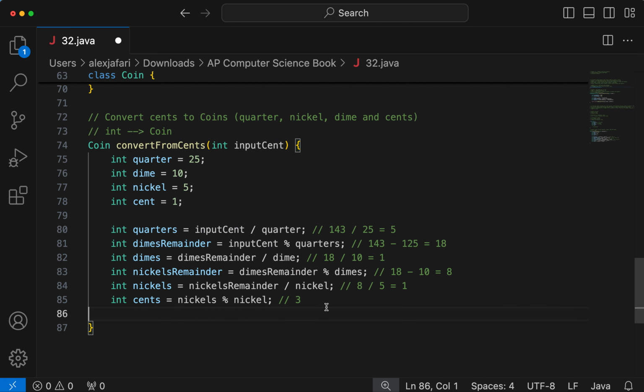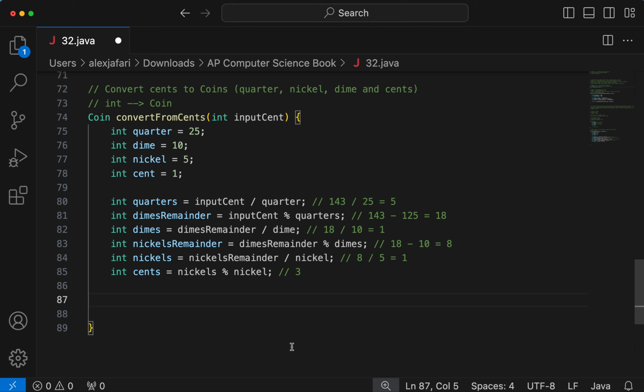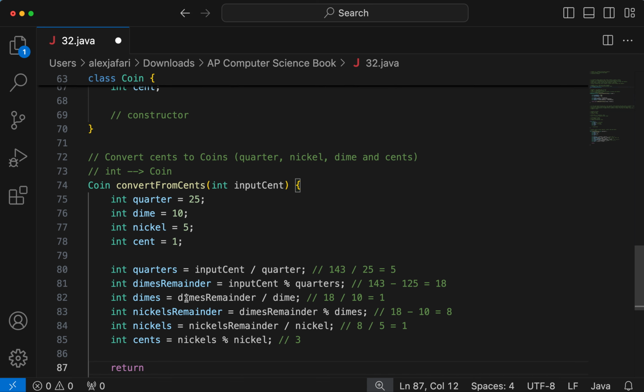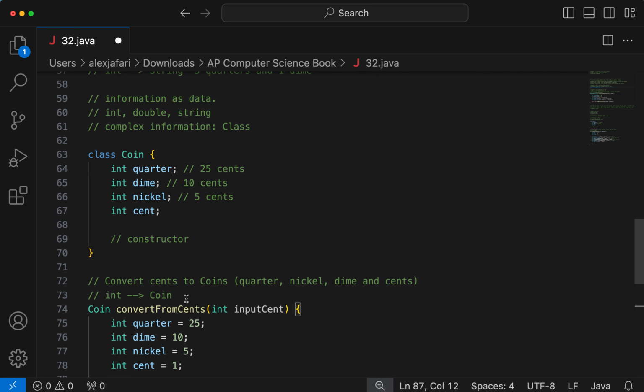Okay, great. So now how do I return? Return quarters plus dimes plus nickels. What is the return type? Return coin.